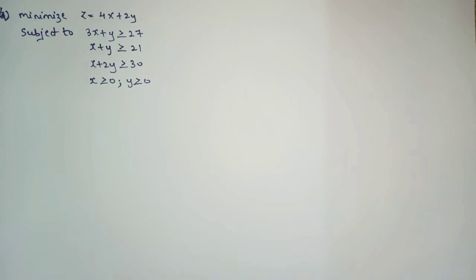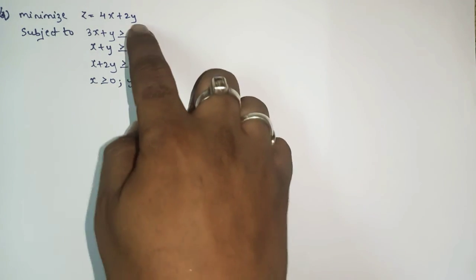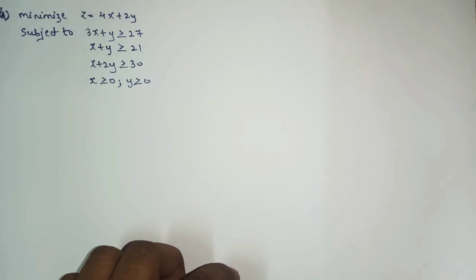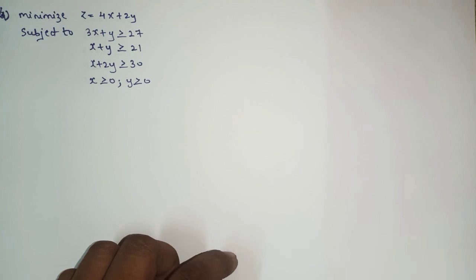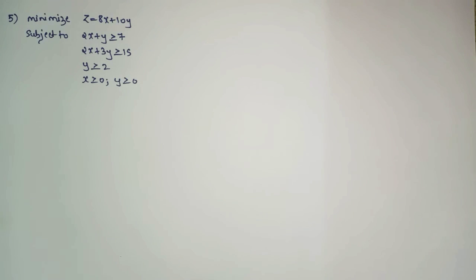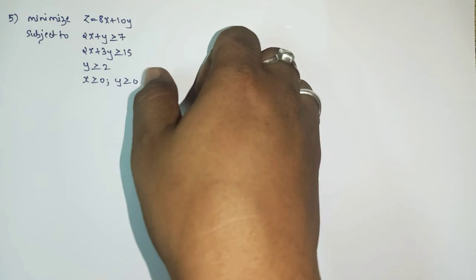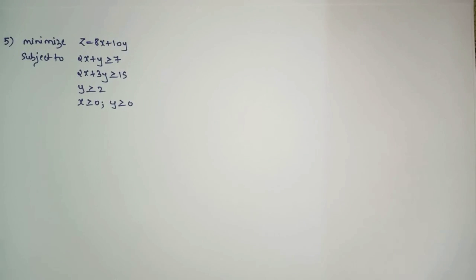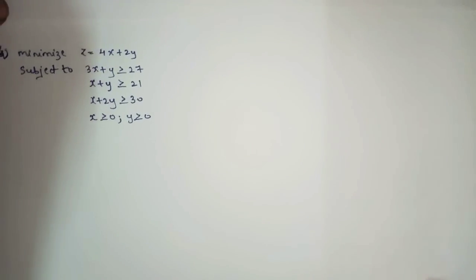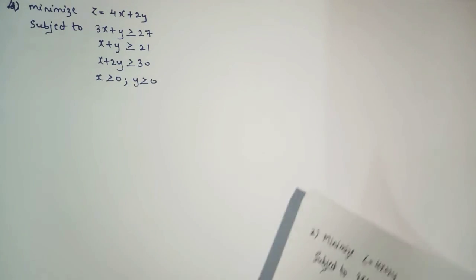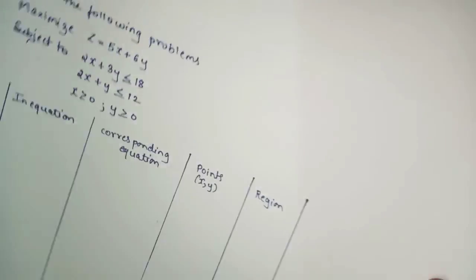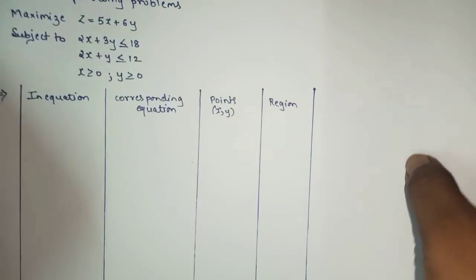And we'll take the fourth one where you will see more than two equations. Understood? Okay, so in this way we'll divide the graphical method. Got the point? So let's begin with sum number 1 now.